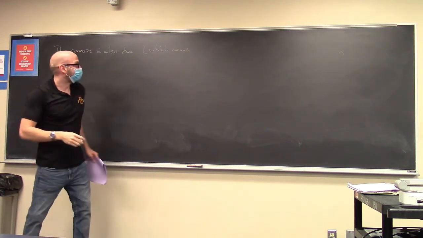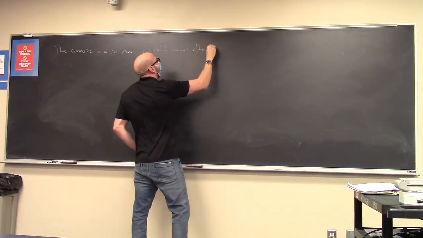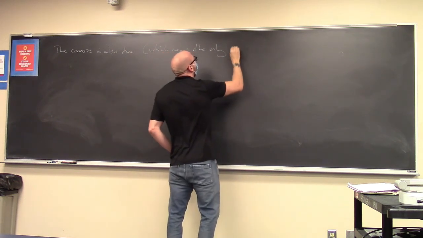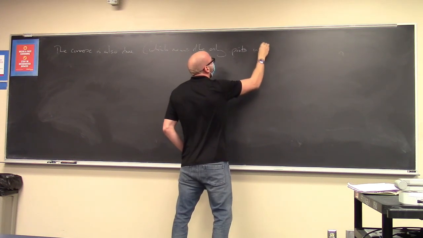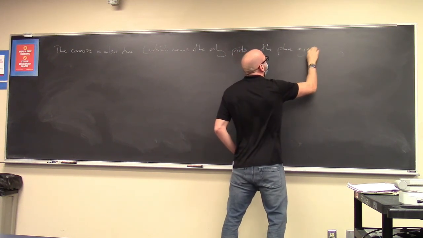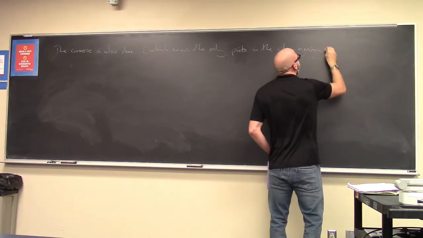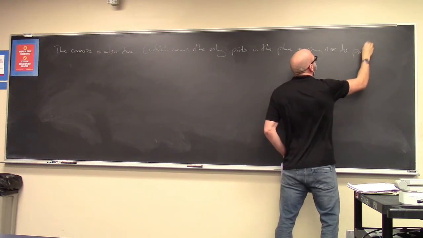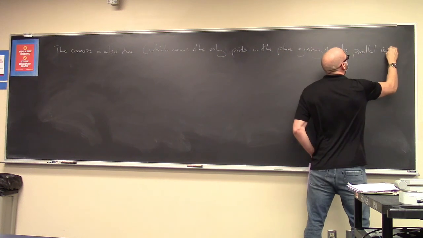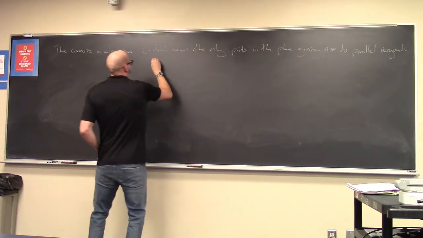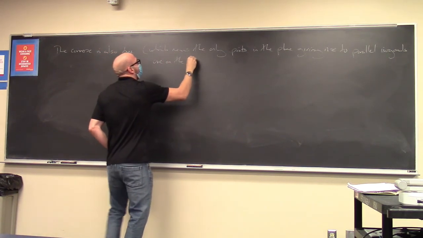Which means that the only points in the plane giving rise to parallel isogonals are on the circumcircle.